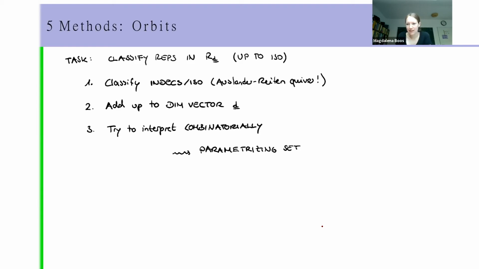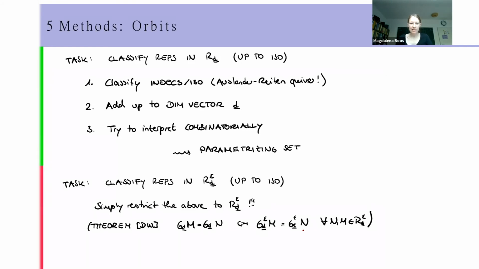We want to find something nice which corresponds. And we will see pictures in the end how this works in our case. And this way we get a parametrizing set. Good. So type A, fine. And then in the other classical types, so R_D epsilon, we do the same. We classify the indecomposables in R_D, and then we just restrict them to R_D epsilon, so we make this nabla construction.